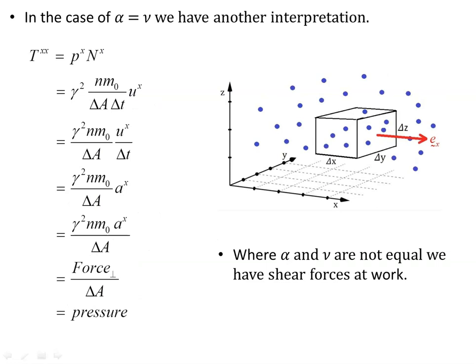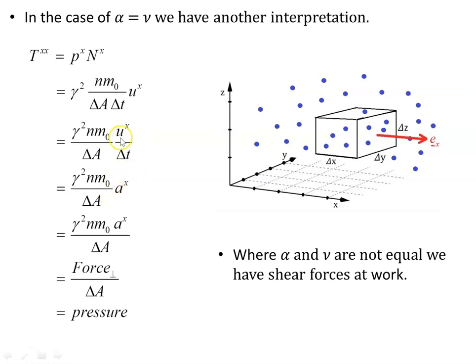So in the case of alpha equals nu, we have another interpretation. We have Px nx, gamma squared nm0 delta A delta T ux. Let's take a few things off here: gamma squared nm0 on delta A, and we'll take this ux on delta T. Velocity over an interval of time you could see as the acceleration.